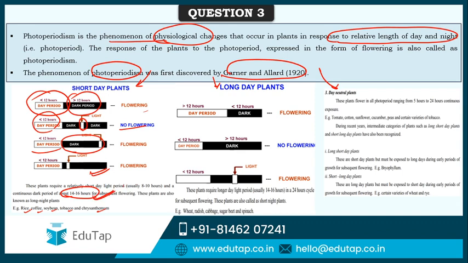daylight for flowering. In long day plants, the day period required is greater than 12 hours and less than 12 hours of dark, that is night time, and hence these are also called short night plants.